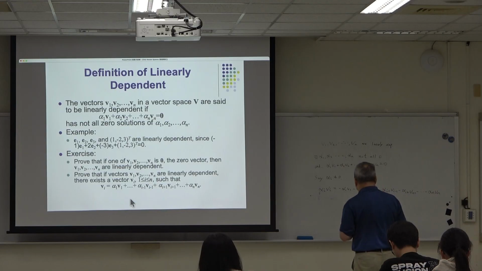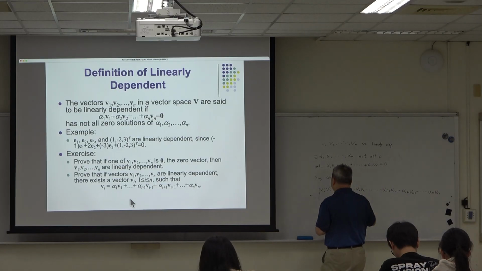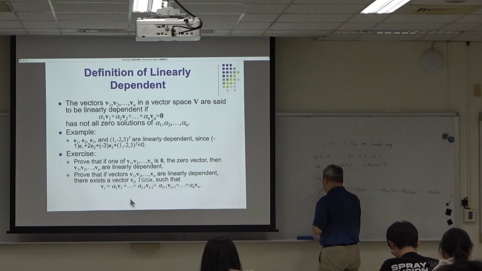And then divide both sides by alpha i, because alpha i is non-zero, so we can do that.